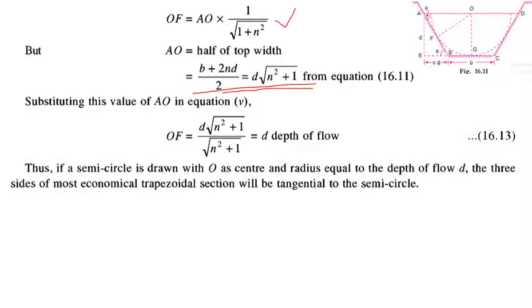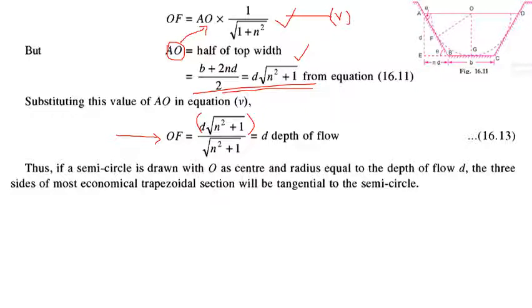So this value of AO can be substituted in equation 5. OF is equal to d into square root of n square plus 1, this is the value of AO which we have substituted here, divided by square root of n square plus 1.